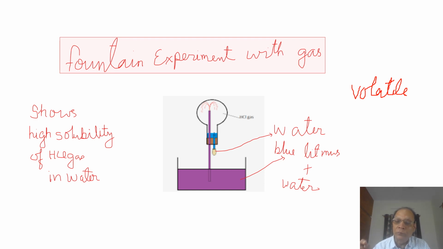Suppose you put a blue litmus over the mouth of the test tube or jar containing hydrogen, it will turn red. The reason is HCl is present in that. So being highly volatile, HCl is never used to produce this gas. We use a safer acid, that is sulfuric acid.